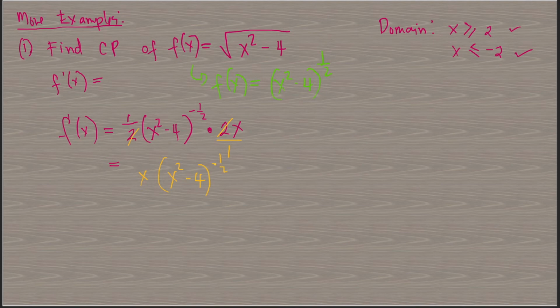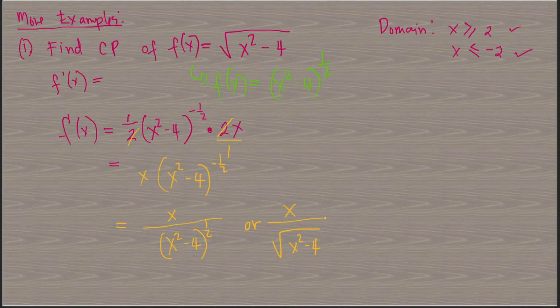If we bring the -1/2 to the denominator, we take the reciprocal, so this will be x over x squared minus 4 raised to 1/2, or going back to the square root, x over the square root of x squared minus 4. So this is now our derivative.